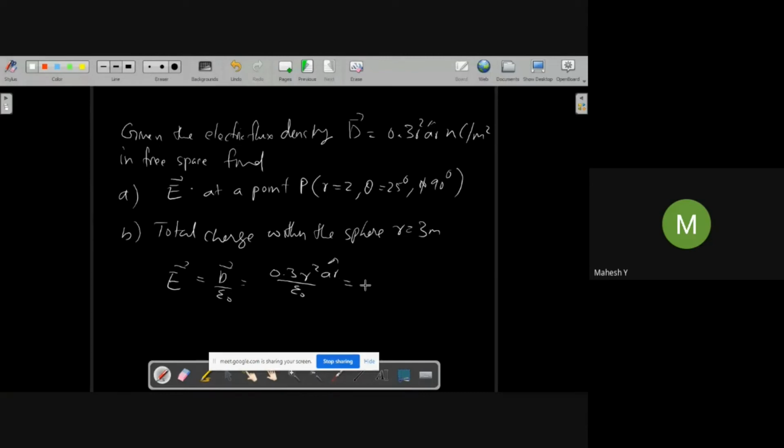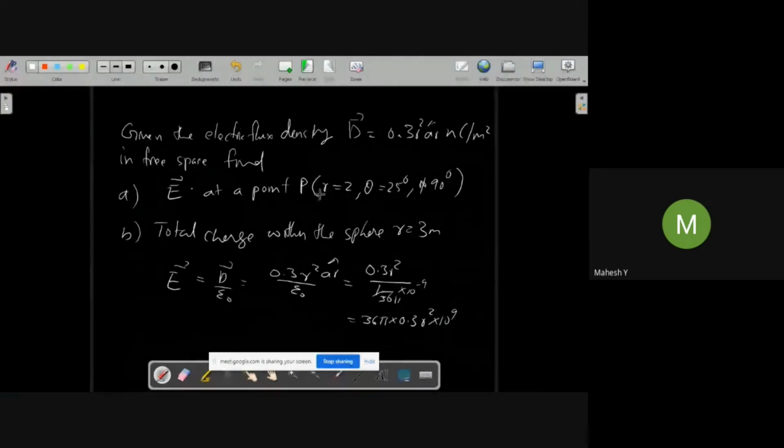So what is the value of epsilon 0? The approximate value is 1 by 36 pi into 10 raised to minus 9, right? So that will bring 36 pi into 0.3 r squared into 10 raised to 9.